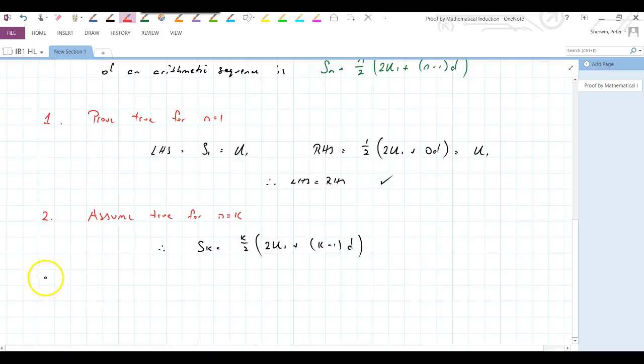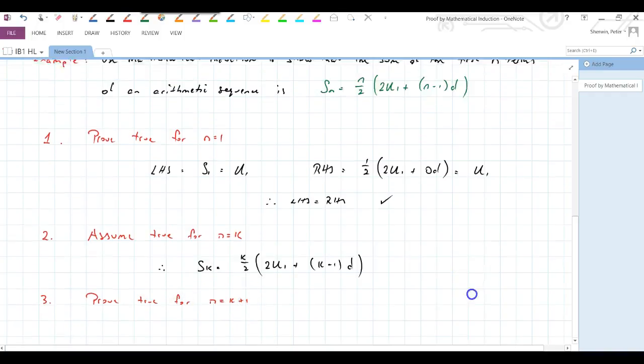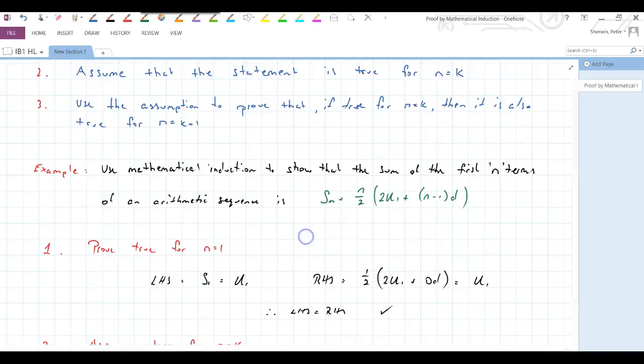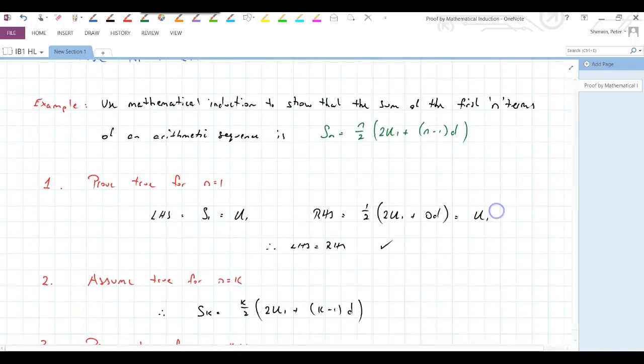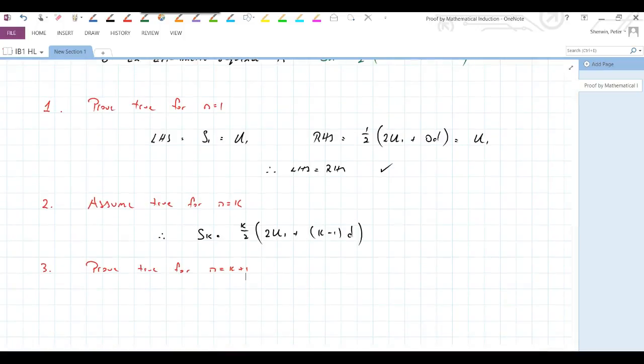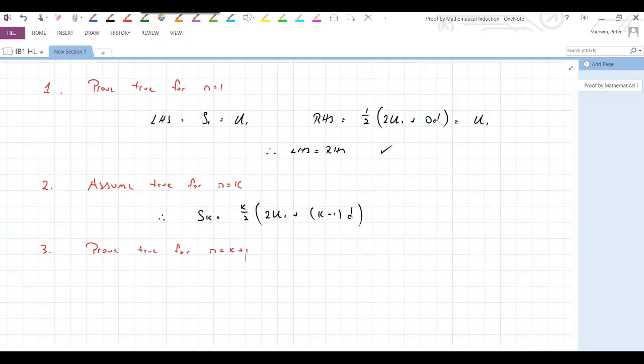Step 3 is where all the work is. In step 3, we need to prove true for n equals k plus 1. Now, as it says here, very important, we're going to use the assumption to prove that if it's true for n equals k, it's going to be true for the next one. We'll talk about how this is a compelling proof once we've got through it.